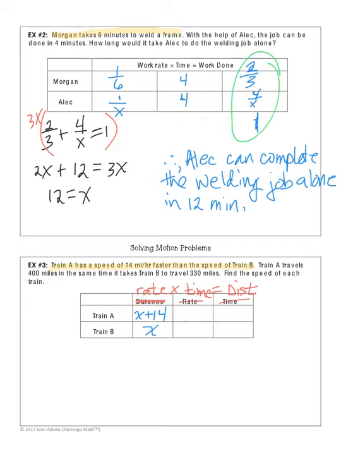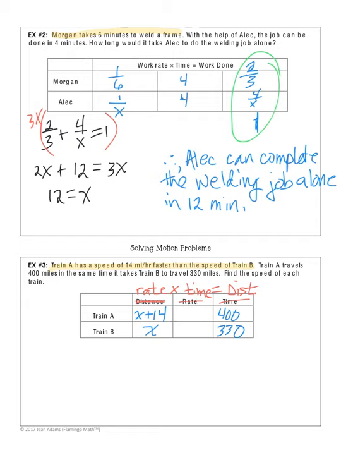All right, then it goes on to say that train A travels 400 miles in the same time it takes train B to travel 330 miles. So we're going to skip the time for a minute and put in the miles. So train A travels 400 miles and train B travels 330. You could have 2 unknowns.